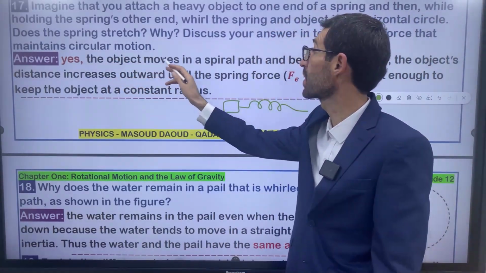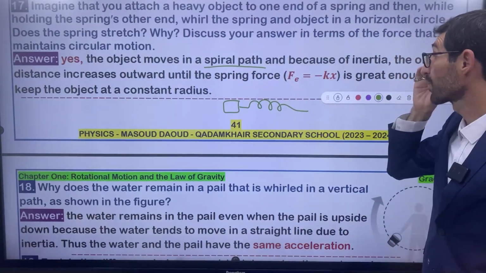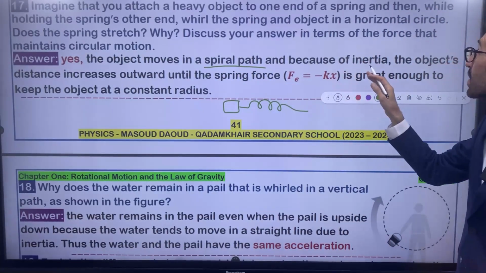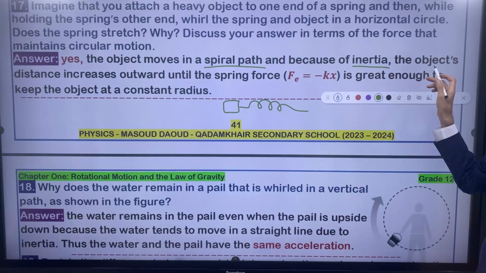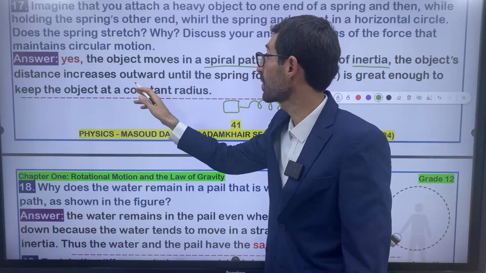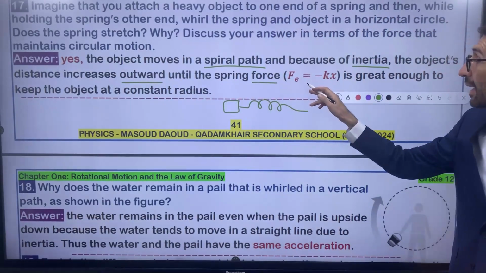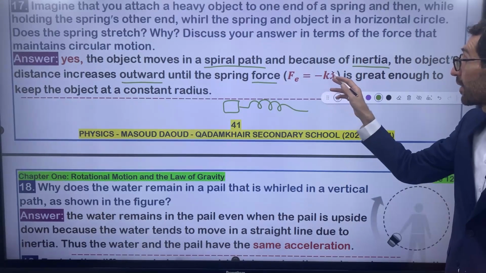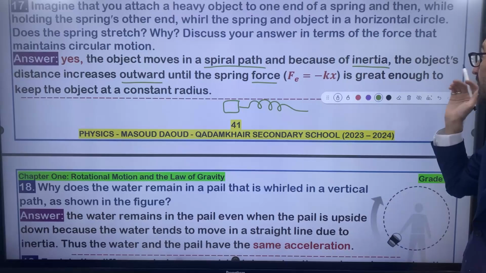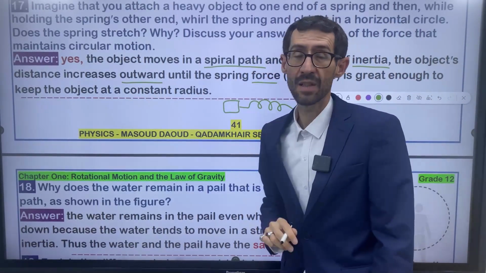It says, yes, the object moves in a spiral path, and because of inertia of the mass, the object's distance increases outward until the spring force, elastic force, negative kx, is great enough to keep the object at a constant radius.